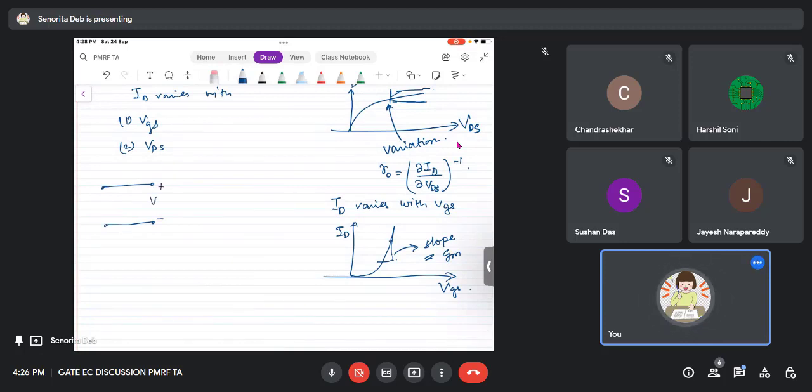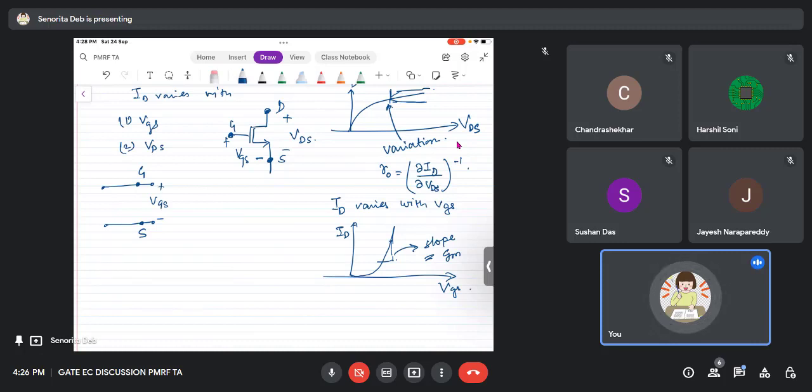So this is the input terminal of the MOSFET, which is having VGS. Okay. So if this is the MOSFET, I'm doing it for NMOS. So this is the input, gate, source, drain. So this is VGS, this is VDS, right? So this is the gate, this is the source. Okay.